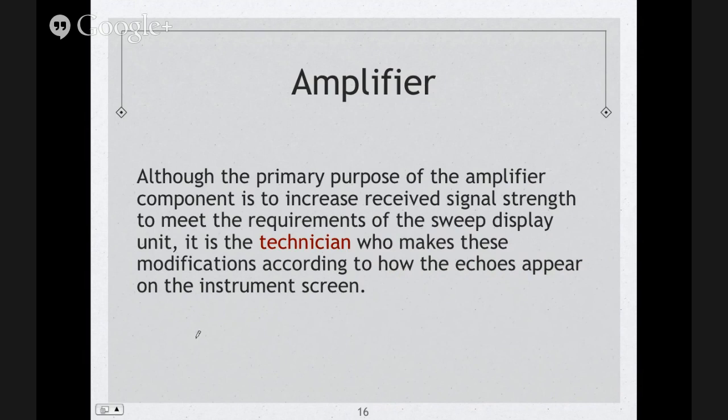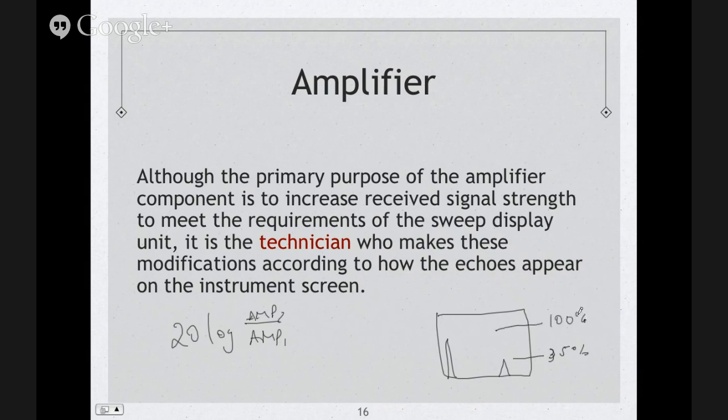Now, this formula, the 20 log of the amplitude ratio, right? If they tell you, let's say you have an initial pulse and then you have this at 35%, and they tell you to bring it up to 80 or 100%, well, you don't have to start plugging all these numbers in.